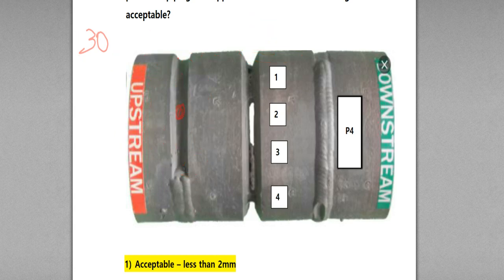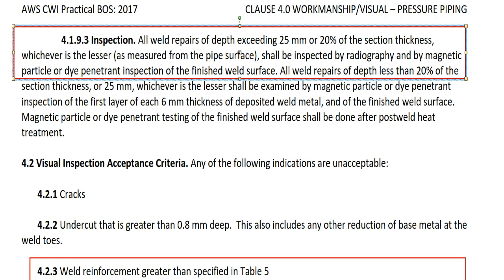Here, this kind of piping specimen is given, and here you repair the area, something like this. This is not a repair area, but just assuming this is a repaired area, and after repair, or this kind of completed weld, the condition is depths exceeding 25 mm or 20% of the section thickness.